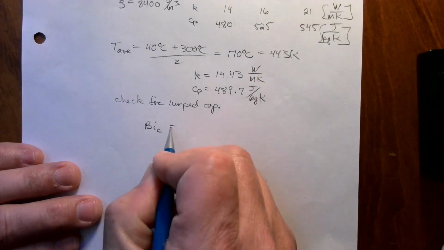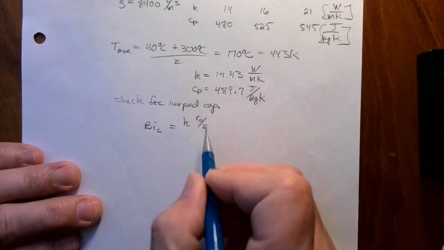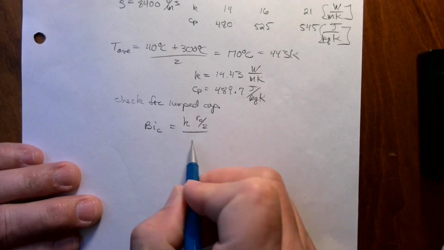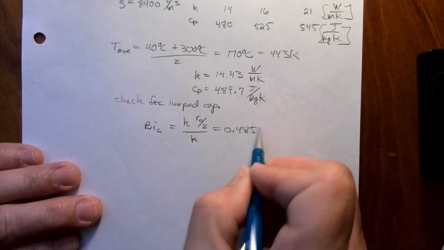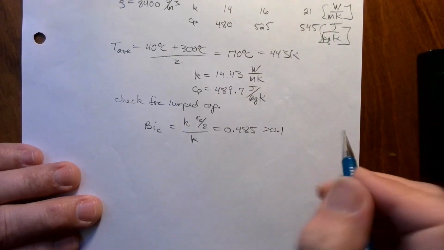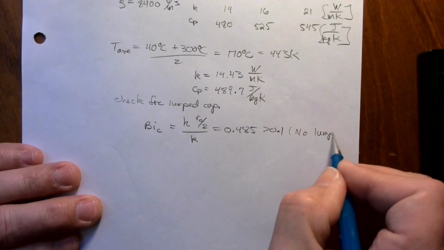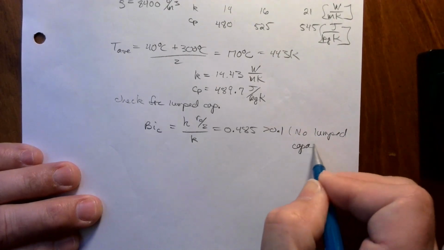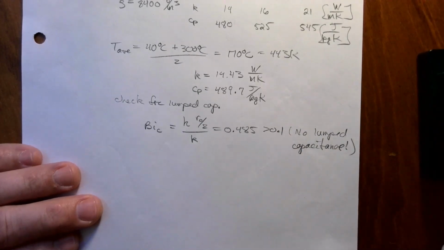So the Biot check is going to be equal to h times, for a cylinder, r naught over 2 divided by this k. This comes out to be 0.485, greater than 0.1. Right, so the answer is no. No lumped capacitance. So we're going to have to include a spatial variation in our analysis.